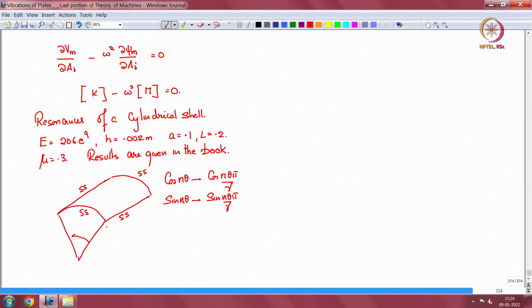Okay, you measure theta in this way. Then the set of modes will now satisfy the simple support conditions on all 4 sides.